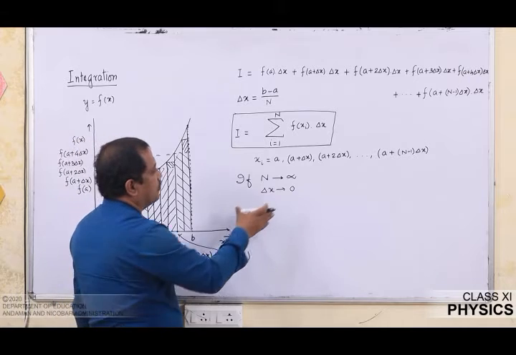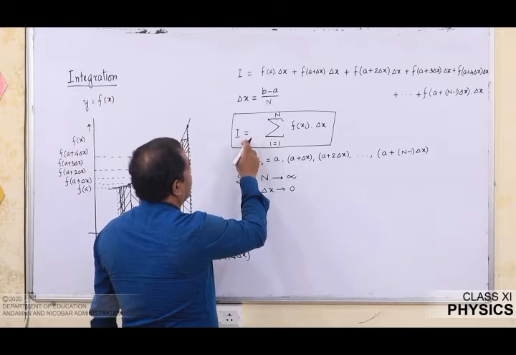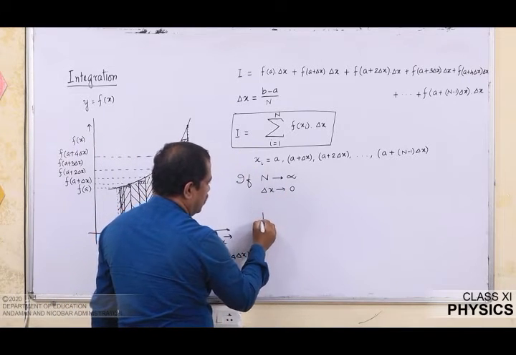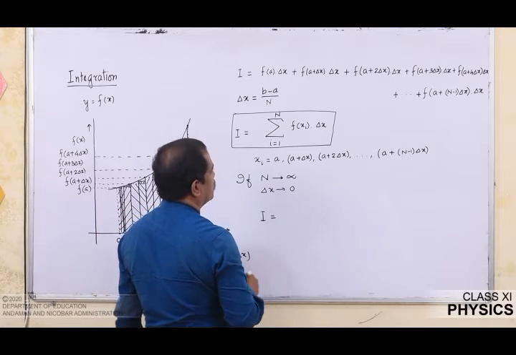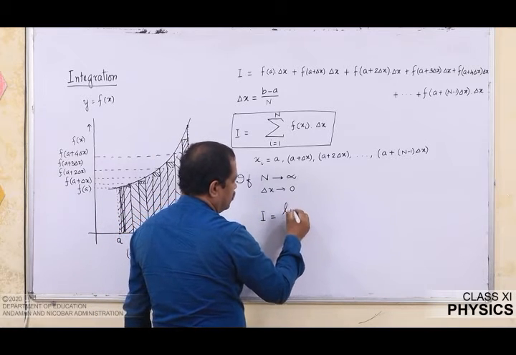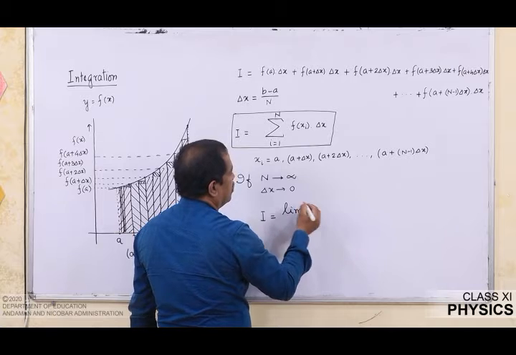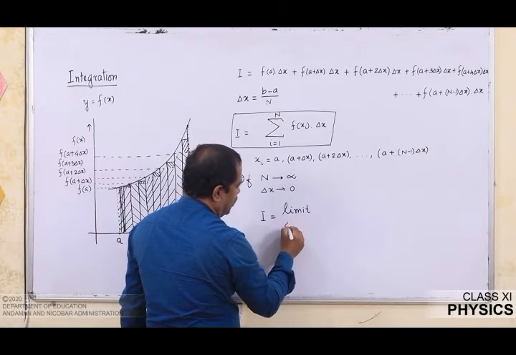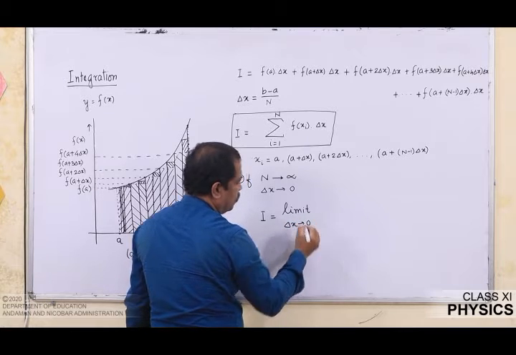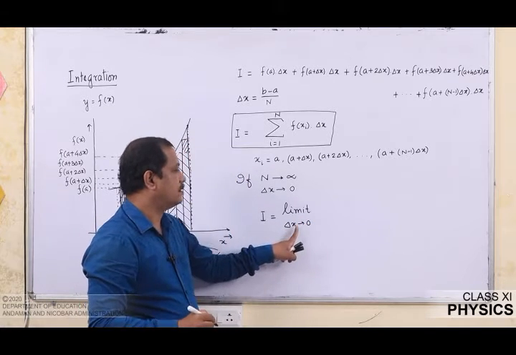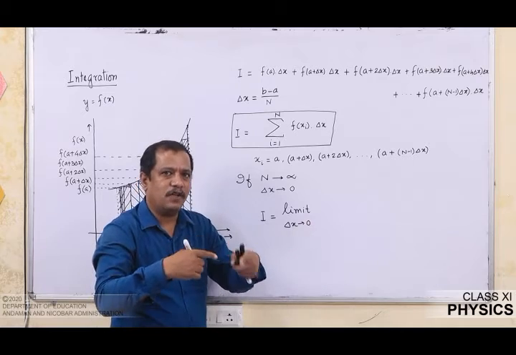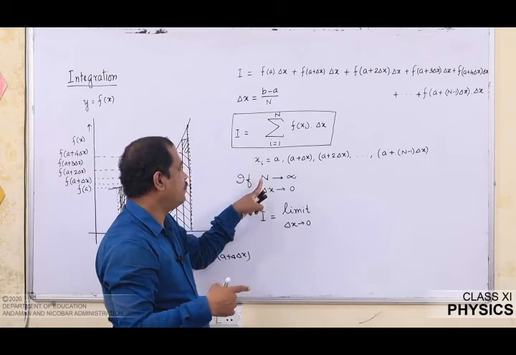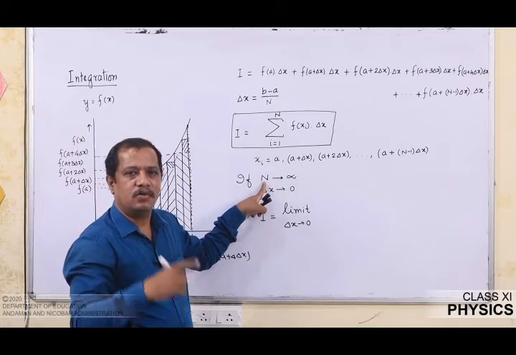So, therefore, if this is the case, then I can rewrite this expression as I is equal to limit, in this calculation delta x tends to 0. When I write delta x turns to 0, delta x will be very small only if the n increases to a huge number.